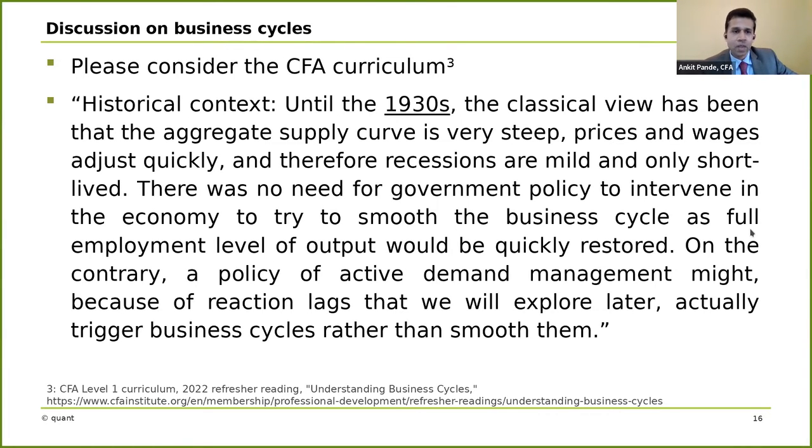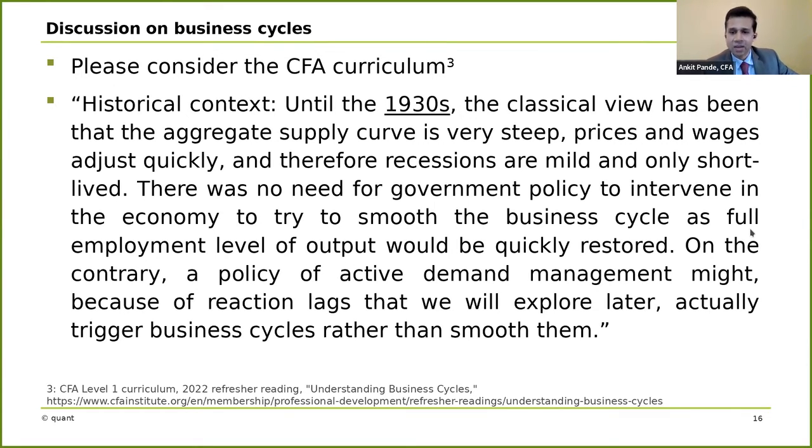So just to quickly run through this, the historical context is that until the 1930s, the classical view has been that the aggregate supply curve is very steep, prices and wages adjust quickly, and therefore recessions are mild and only short-lived. No need for government policy to intervene. Full level of employment would be restored.